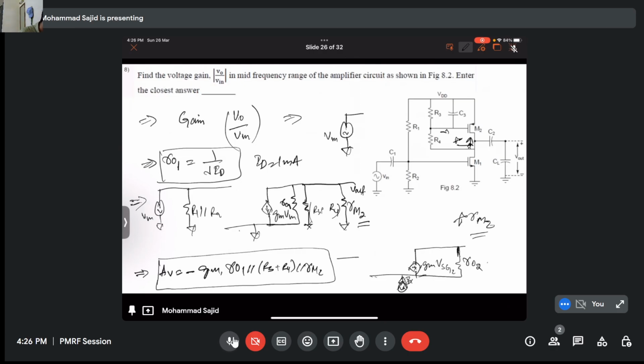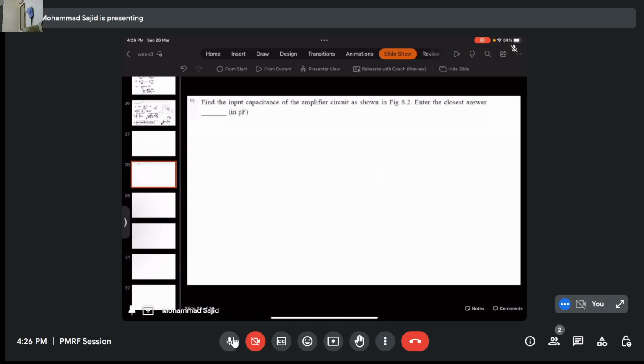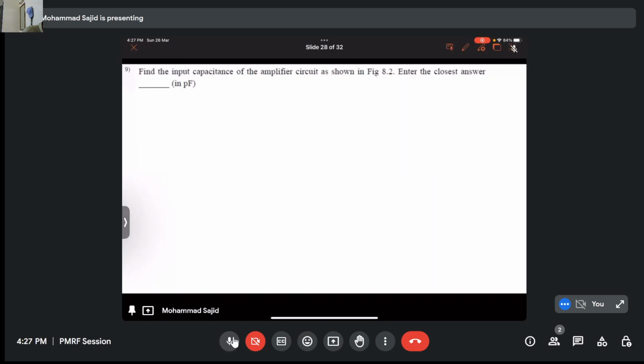Okay. So this, I suppose, is the last question for the session. We had to find input capacitance. So I guess CGS and CGD should be given.